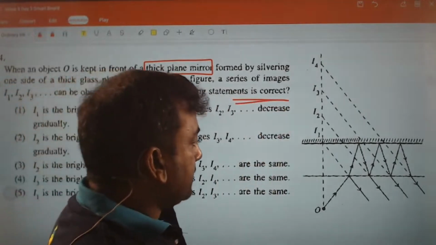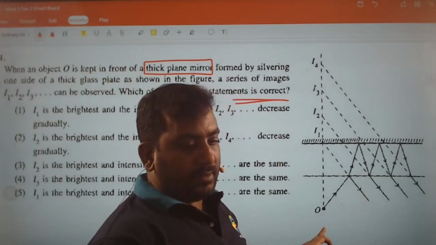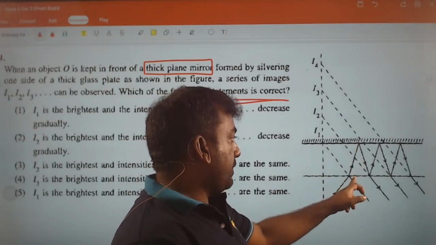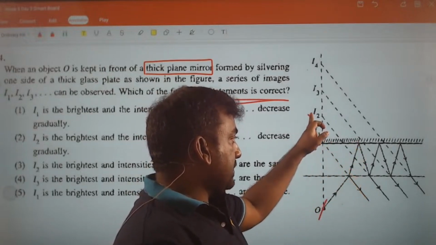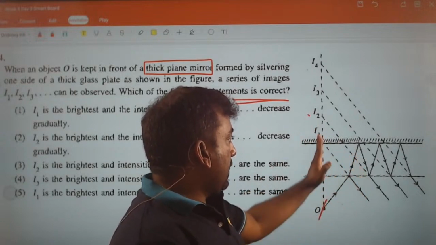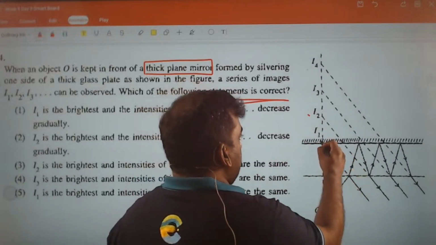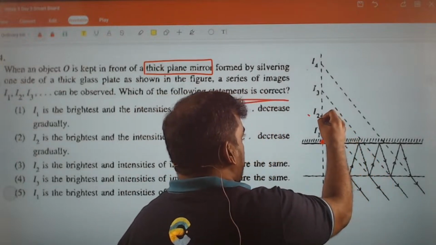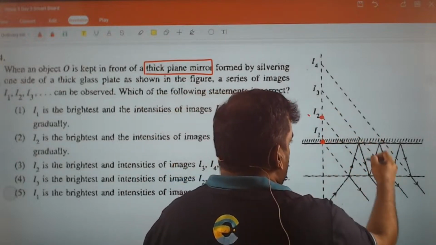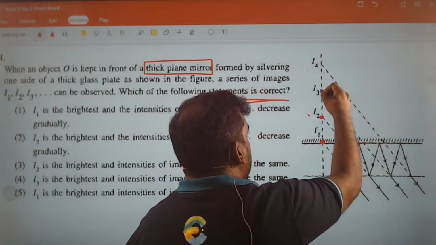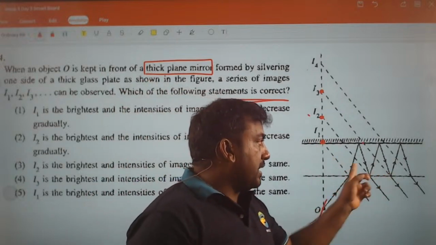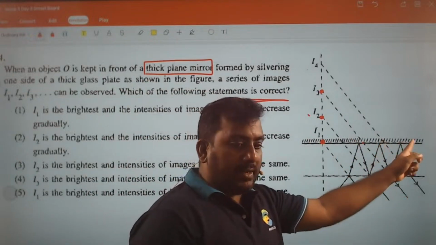Now what is happening is, here reflected rays form images here. Here the reflected ray extended forms images there. Here there is another reflection forming images there. What can you say? Many reflections occur here inside.